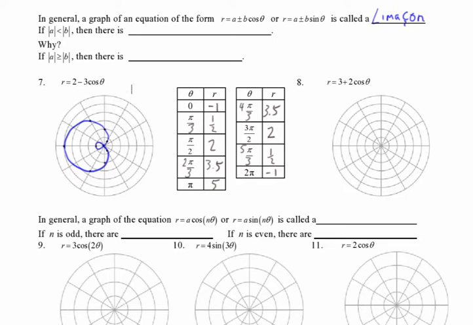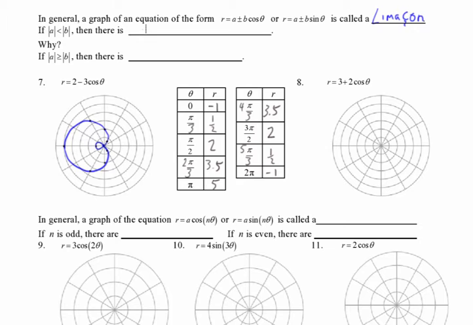So now, when we're looking at this, if we say A plus or minus B cosine, if B is greater than A, that means you will both add and subtract the result. You're going to have both positive and negative, and that negative is what's causing this inner loop.